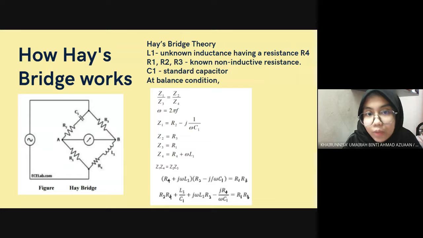Let's assume that L1 is the unknown inductor having a resistance R4, and R1, R2, R3 are the known non-inductive resistances. C1 is the standard capacitor for the comparison, and at balance conditions, as said before, Z1 over Z3 is equal to Z2 over Z4. That's why there is the equation Z1 Z4 equals Z2 Z3, and these are the rest of the equations.